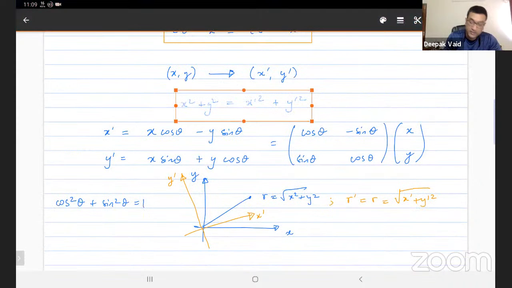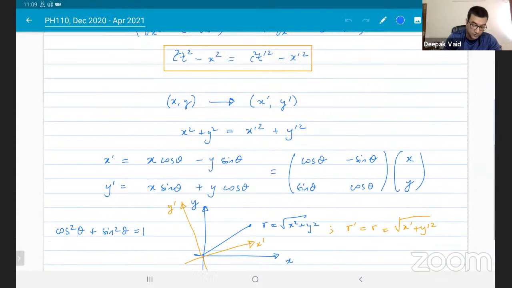Again, let us look at the space case. This I can call the space relation, both are spatial coordinates. This is the space-time relation.